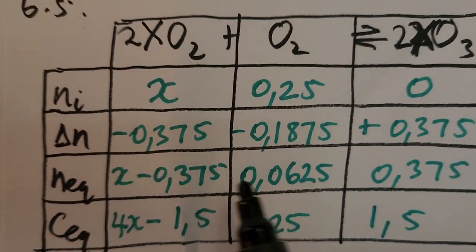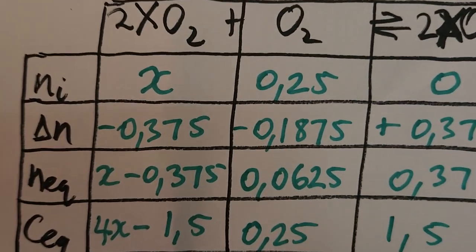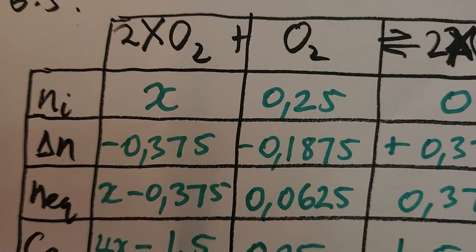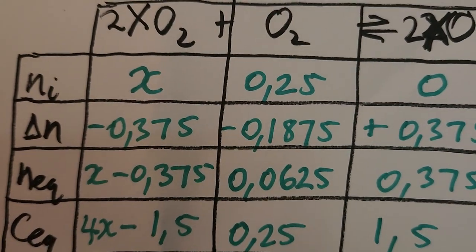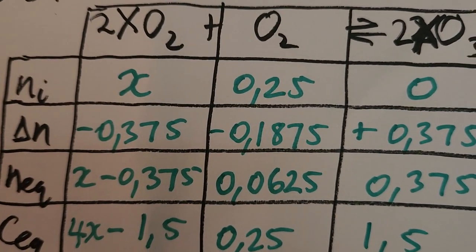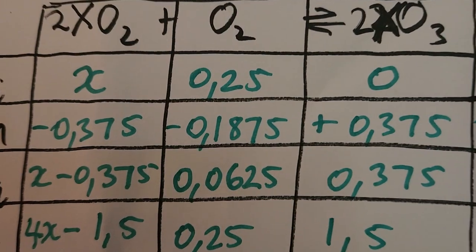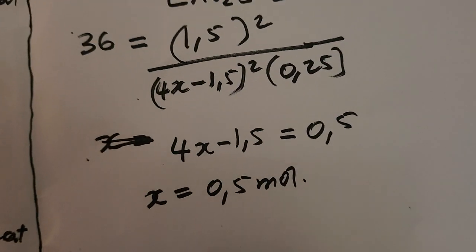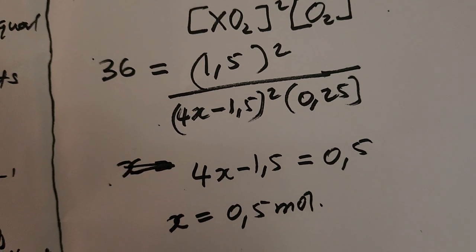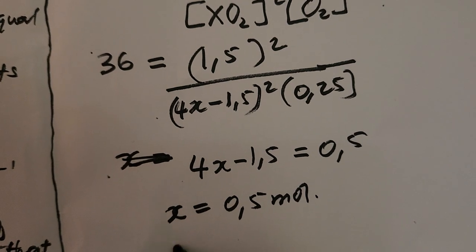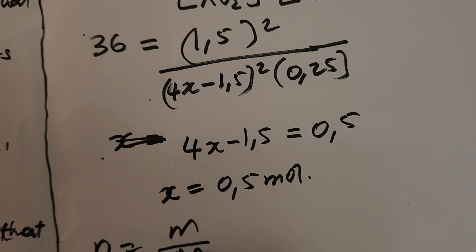Now if I know the value of x, we go to the table. The value of x is 0,5, therefore I can now determine the molar mass, because I was given 32. Number of moles equals given mass over the molar mass.